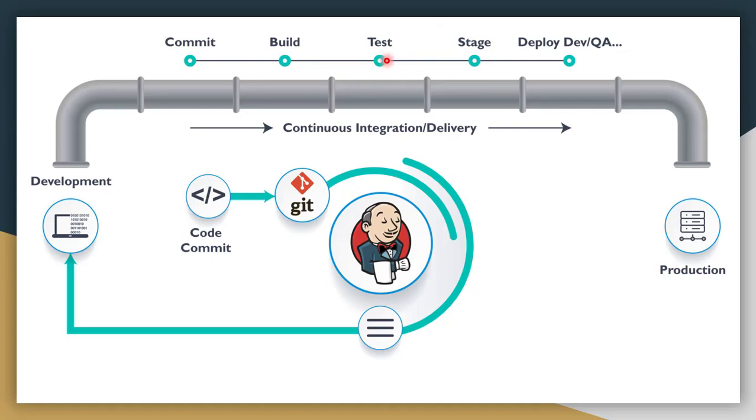Automating testing, so calling those scripted tests and looking for the correct results. Staging to an environment where the product can be viewed by representatives of the customers or customers themselves. And then deployment to either some kind of pre-production environment, QA environment, where again, more evaluation can take place, and then ultimately to our production environment.